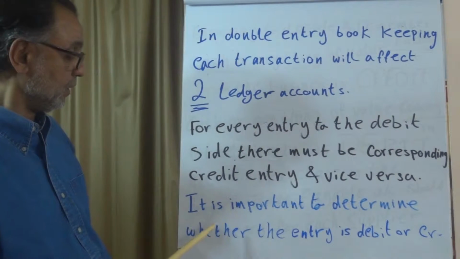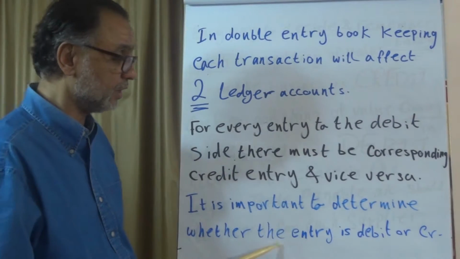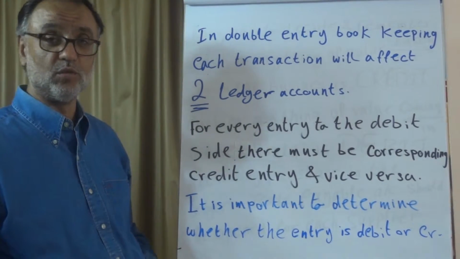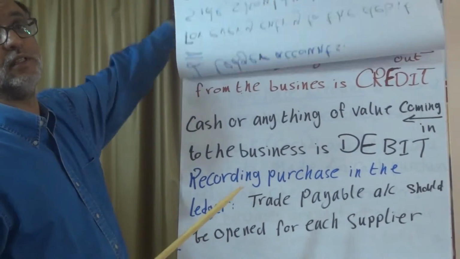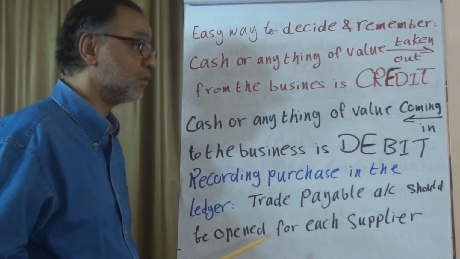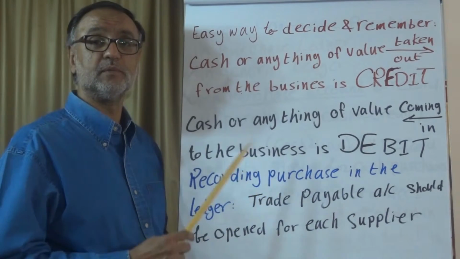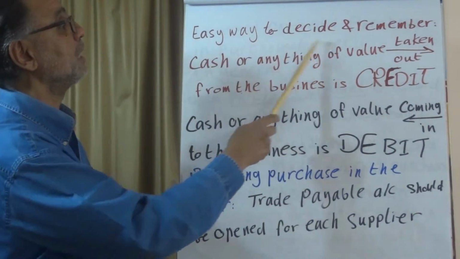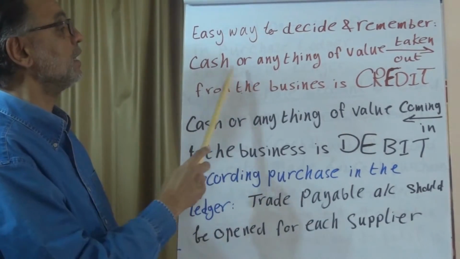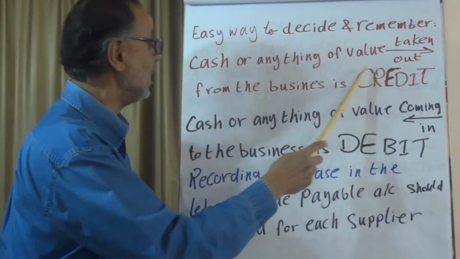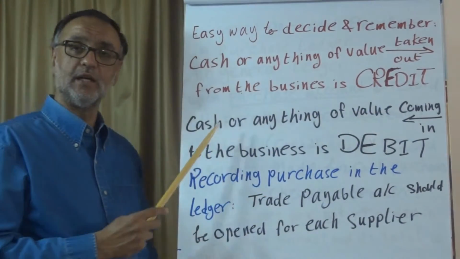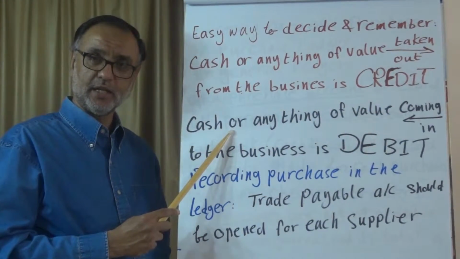It's important to determine whether the entry is debit or credit when you do the posting. You need to find out whether it should be put on the right side or the left side, that's credit or debit. An easy way to decide and remember: cash or anything of value taken out from the business is credit. Remember, if you take anything, it's a credit.